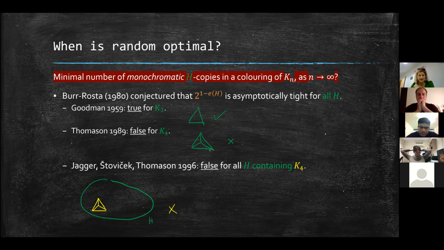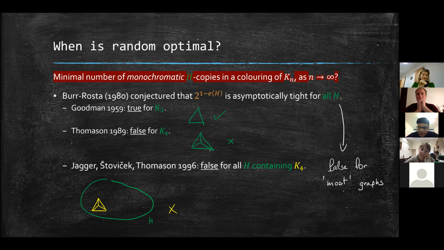And that kind of implies that this conjecture is false for most graphs H, because most graphs H will contain a copy of K4. Does that make sense? So in particular, Erdős's conjecture is also false. Yes, exactly. So for all cliques larger than 4, this is false.